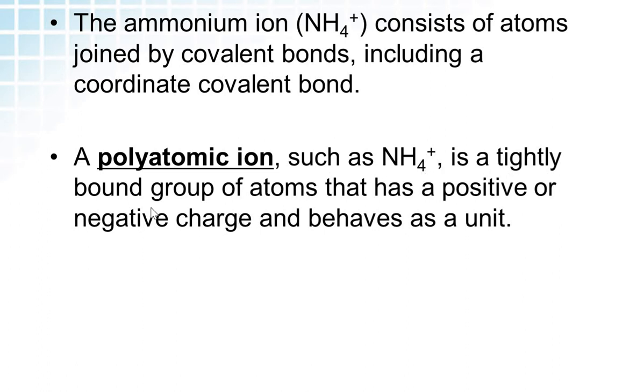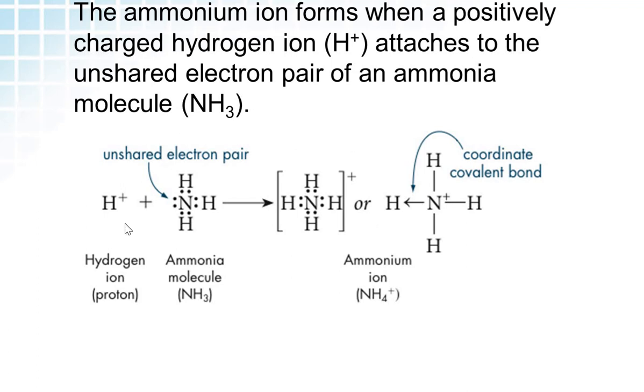NH4 is a tightly bonded group of atoms that has a positive or a negative charge and acts as an ion, not an atom or a molecule. Here the hydrogen ion is a proton without any electron. It has empty orbitals. And here is the nitrogen in NH3 that we talked about before.